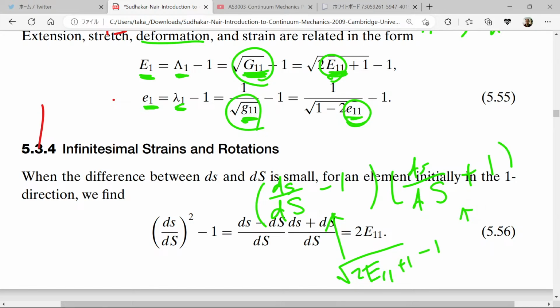And this thing square root of 2E11 plus 1 plus 1.